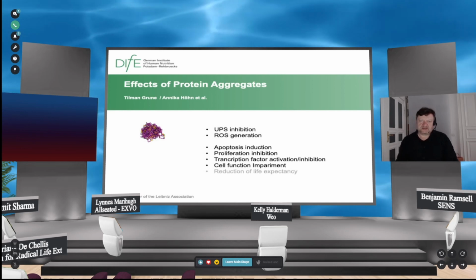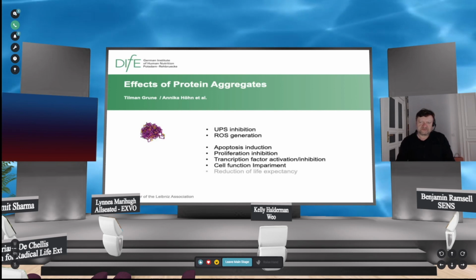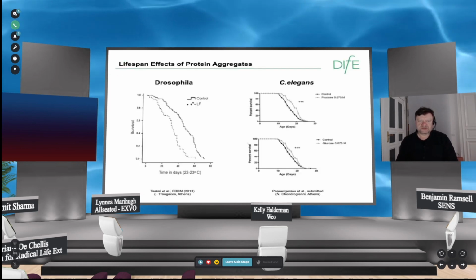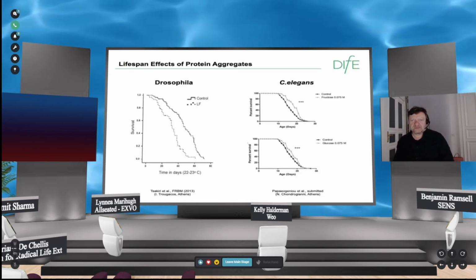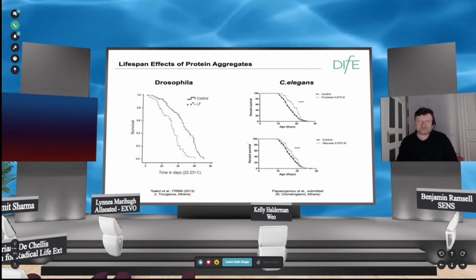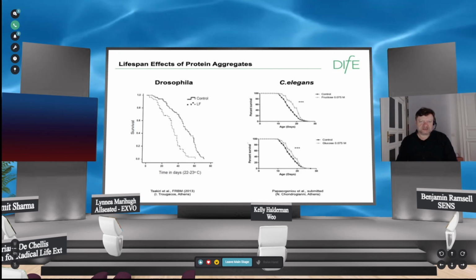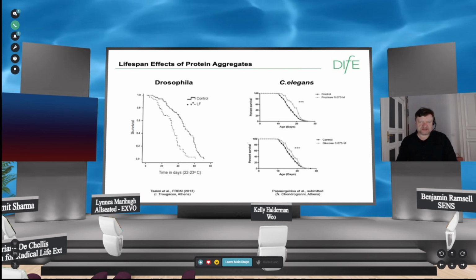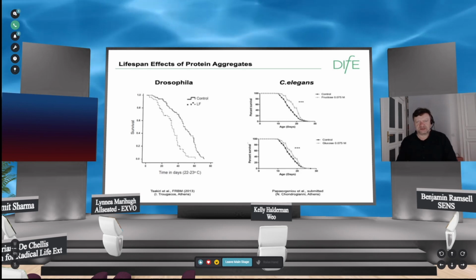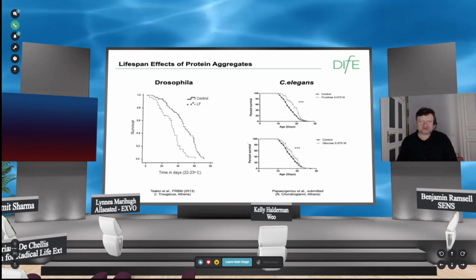And then we did an experiment with Johannes Trougakis from Athens, and I want to focus your attention on the Drosophila experiments here, where we fed Drosophila with lipofuscin in their chow, and you can see that the life expectancy of these Drosophila is tremendously declined compared to the control.